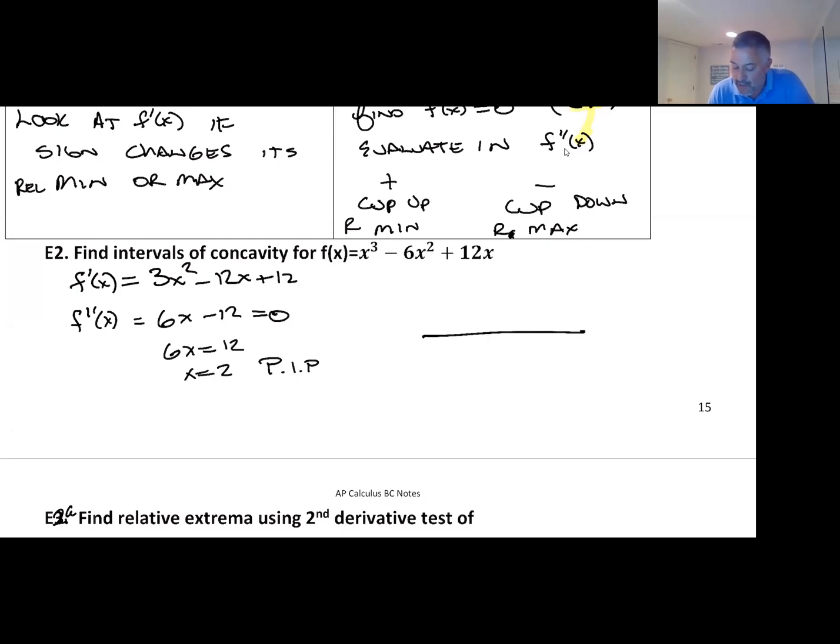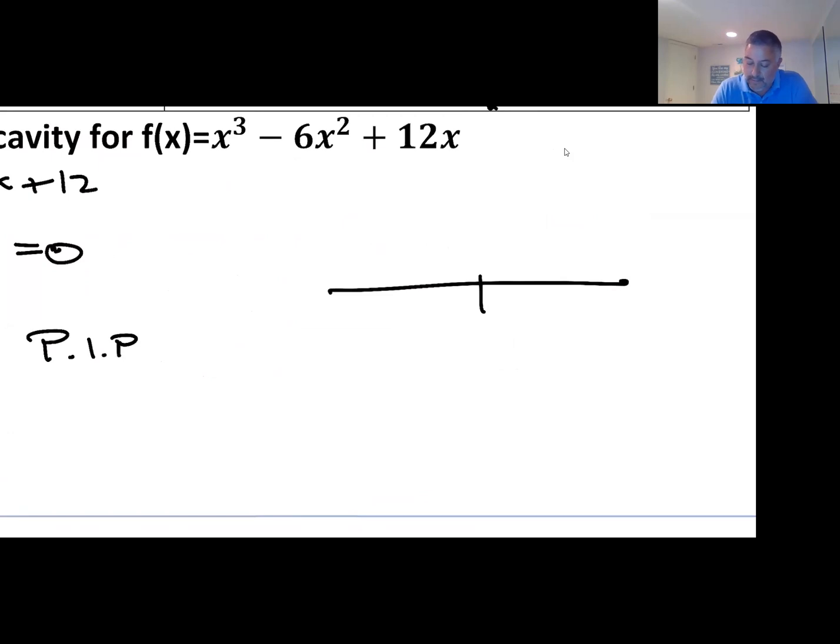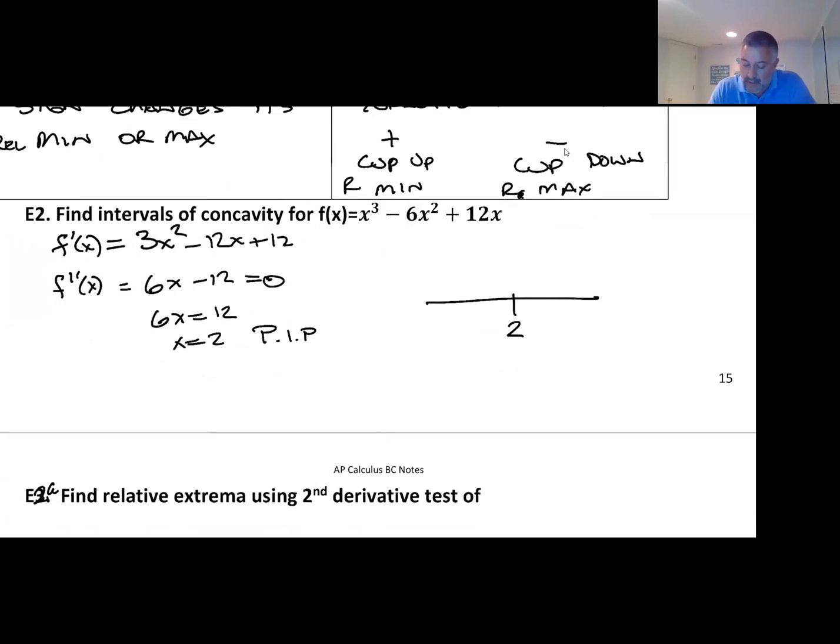Put those numbers, which happens to be just 1, on a number line. Test those numbers: negative nothing, 0, and positive 3. If we plug in 0, we get a negative. We plug in 3, we get a positive.